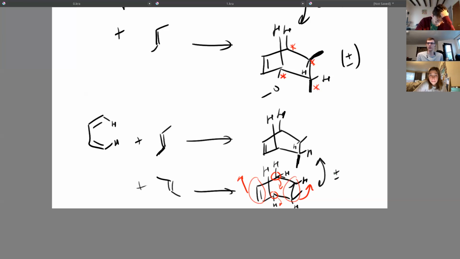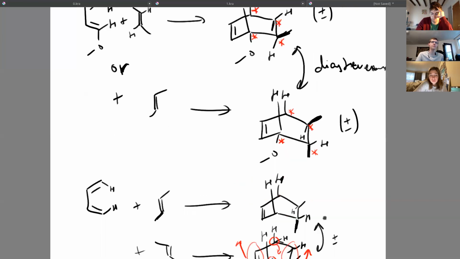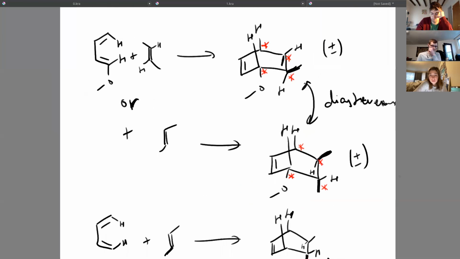Quick question for before, when we were comparing the two and saying that they were diastereomers. The two stereocenters that stay the same are those coming from the diene, right? And the ones coming from the dienophile change.